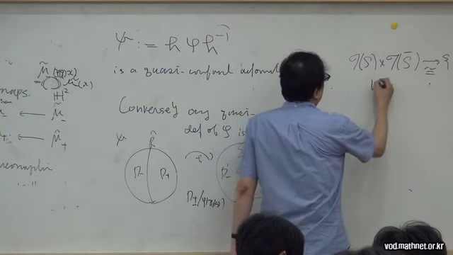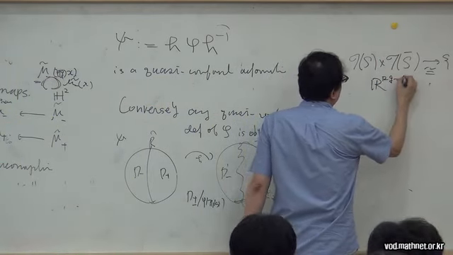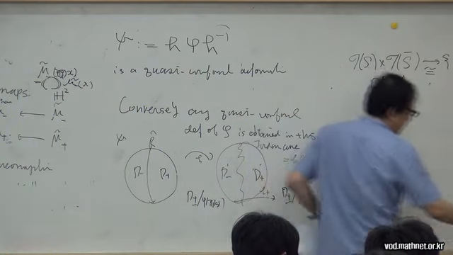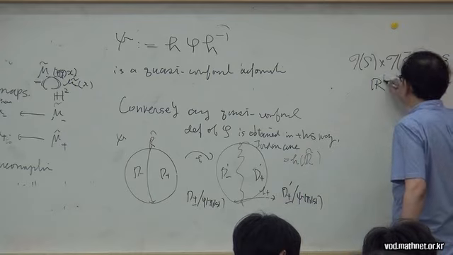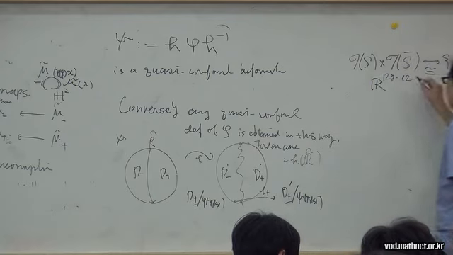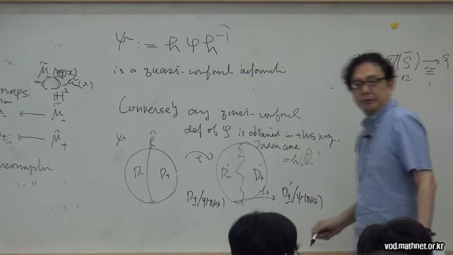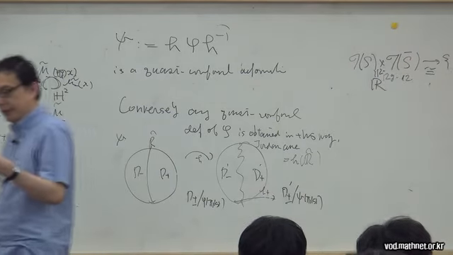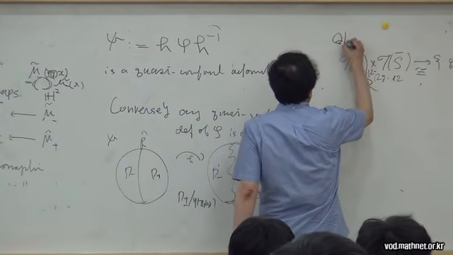So it's a Euclidean space of dimension 12g minus 12. Okay. And it's often written like this.